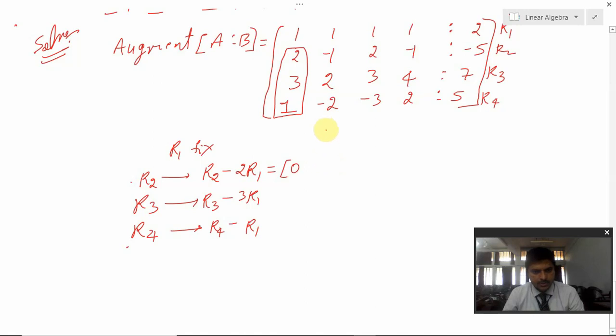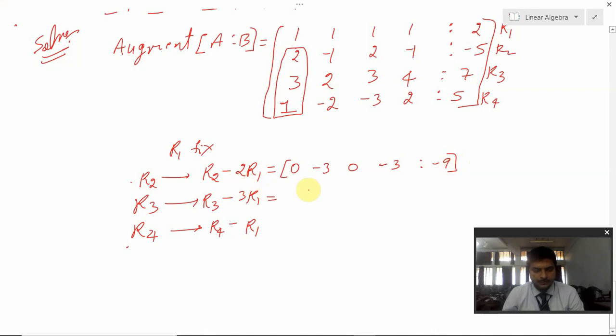Then this is minus 1 minus 2 minus 3. 2 minus 2 is 0. Minus 1 minus 2 is minus 3, minus 5 minus 4 is minus 9. So therefore this is our next R2.